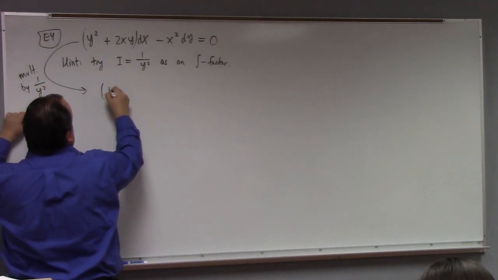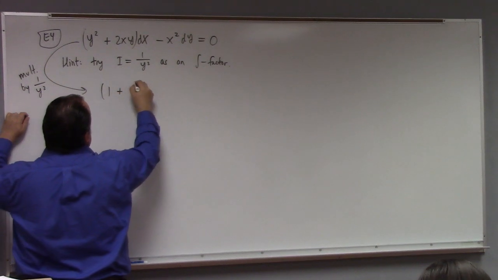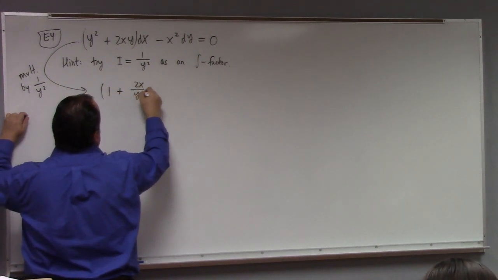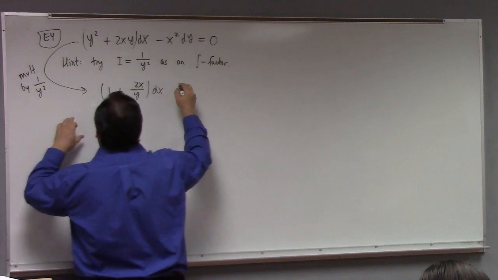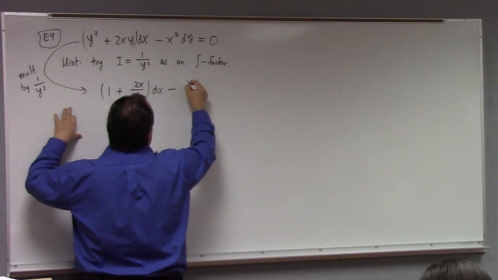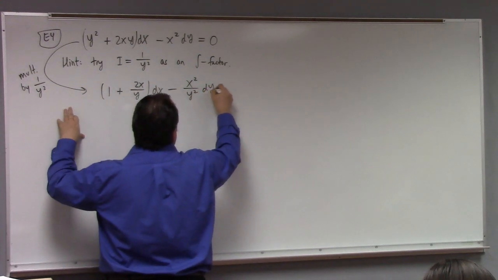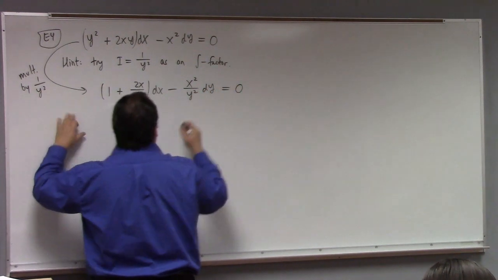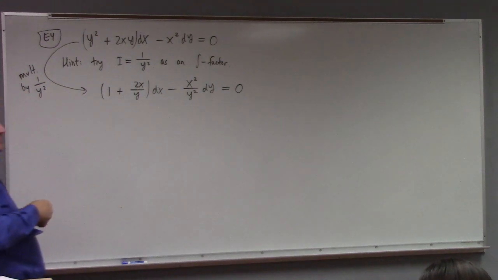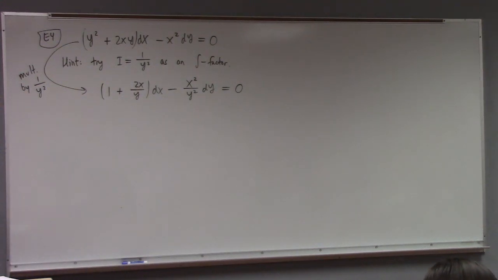We get ourselves 1 plus 2x over y dx minus x squared over y squared dy equals 0. Now you can check the closed condition.